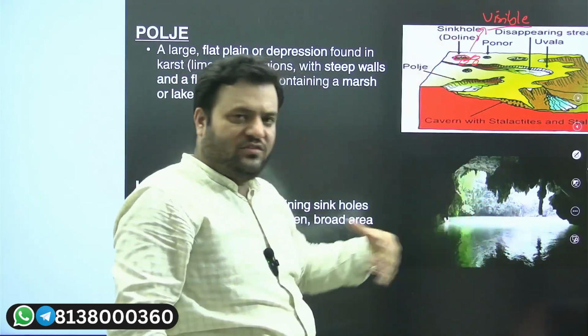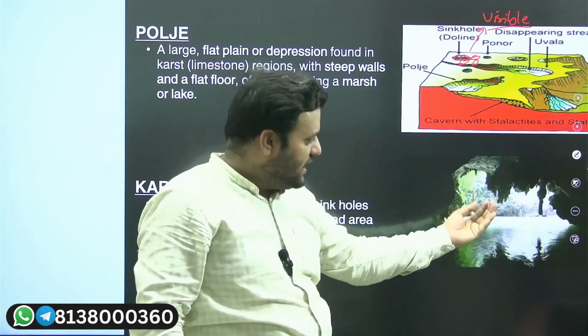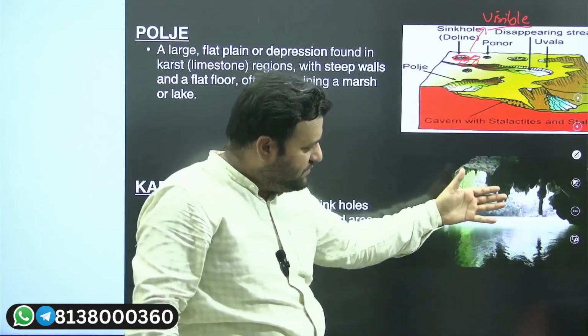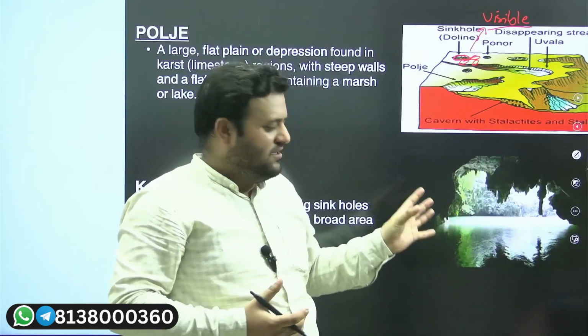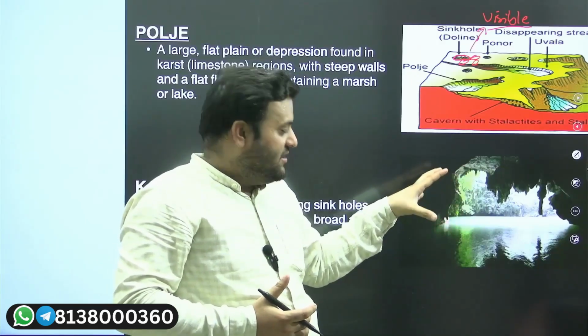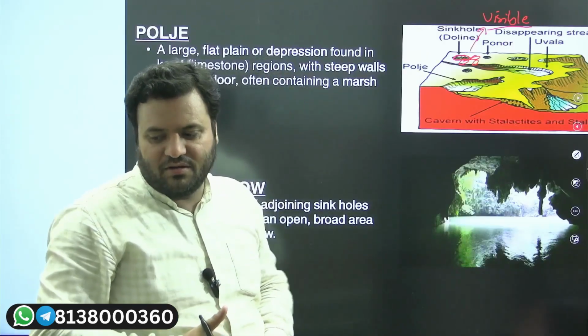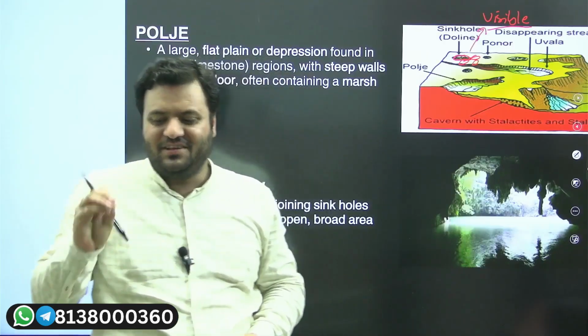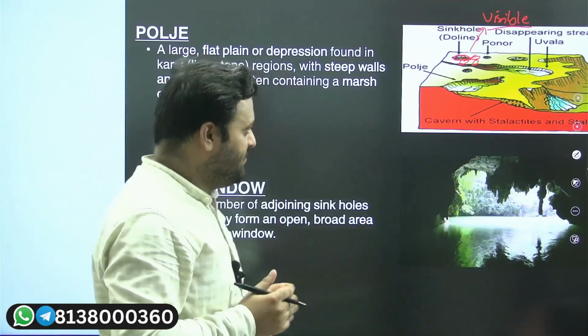Window means you can see through it, and the rest of the topographical features are on this side. Just for visualization, I have tried to add more and more images here so that you will get more clarity. But as far as these features are concerned, you just have to focus on how they look.